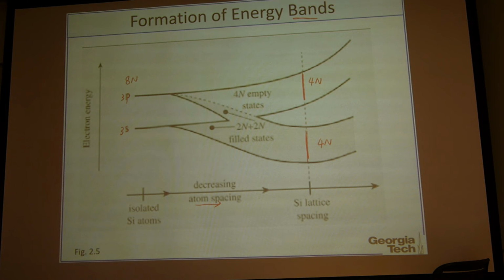Those 4n electrons will tend to occupy the lower energy level, so the lower band will be filled or occupied first. This is the concept of the band. I know it's not entirely straightforward, but this is how we look at the silicon material from the band perspective.